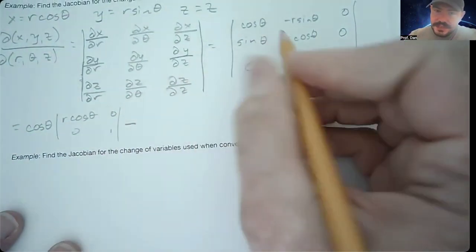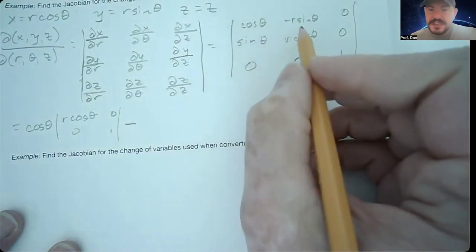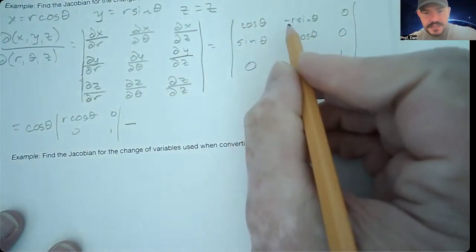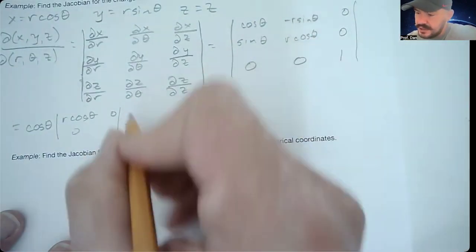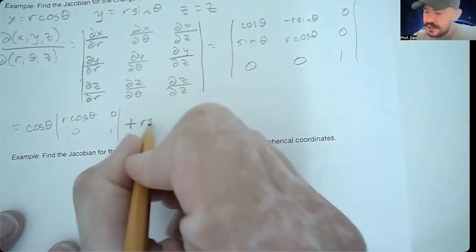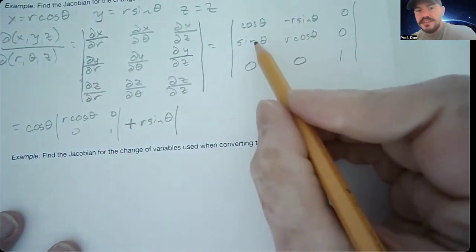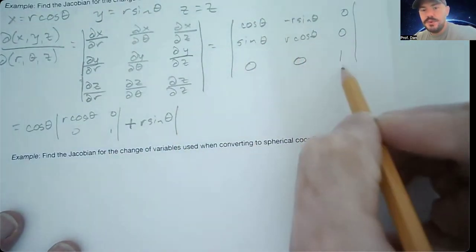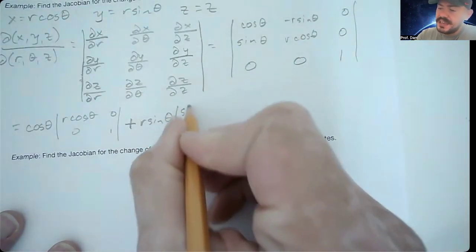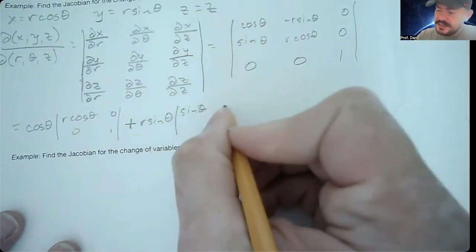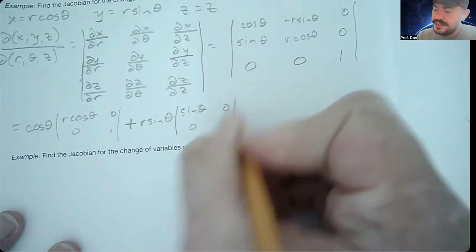Minus, and then the intersection when we take out first row, second column is negative r sine theta. So minus a negative, we add r sine theta. Going to multiply that by the 2 by 2 determinant left over by these 4. So we have sine of theta, 0, 0, 1.